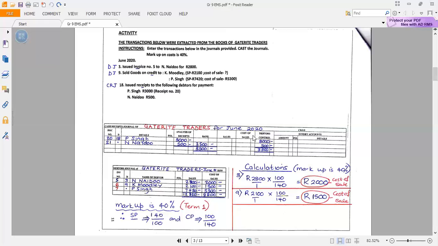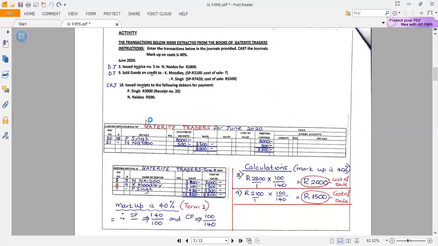I go straight to my debtors control column. We have created a debtors control column separately to indicate all the payments received from the debtors. That's 3,000 in the debtors control. And remember, analysis of receipt, 3,000 Rand. Can we bank it as yet?